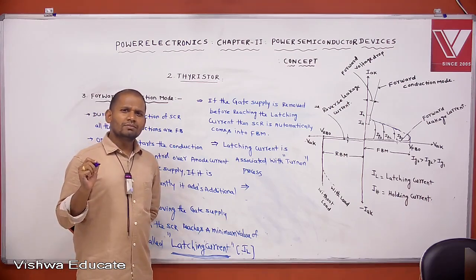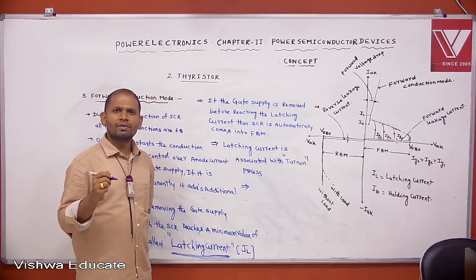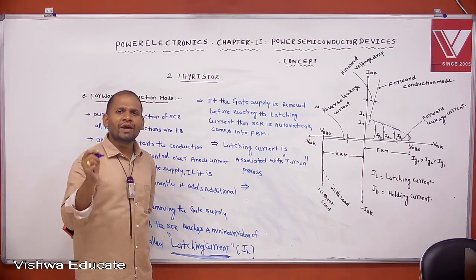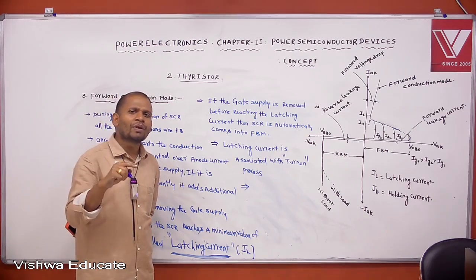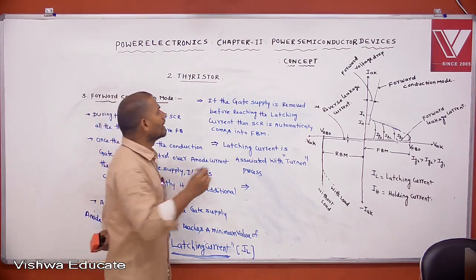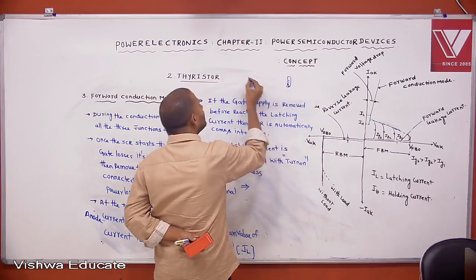But we don't allow continuous conduction of SCR. The purpose of using any device between source and load means you want to control the power or convert the power. For example, here there is some load and here there is some supply.